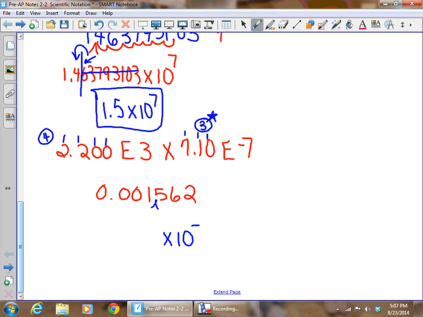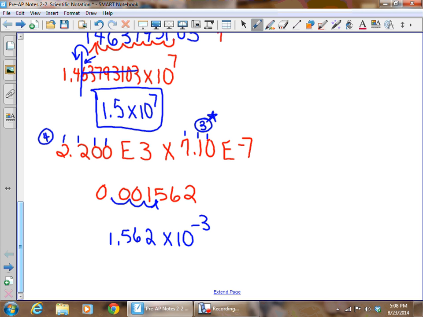Let's see what that negative value is going to be. First of all, we know that we're going to have 1.562, and to get that decimal moved, we need to move it 1, 2, 3 places. So times 10 to the negative 3 for our answer.